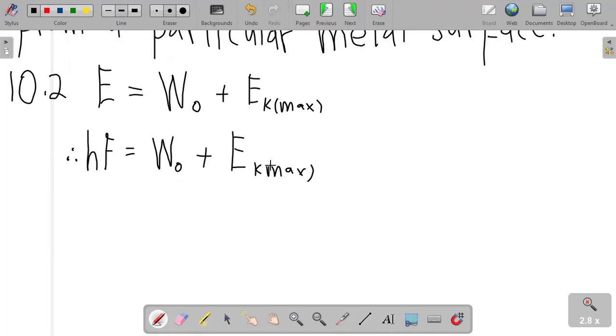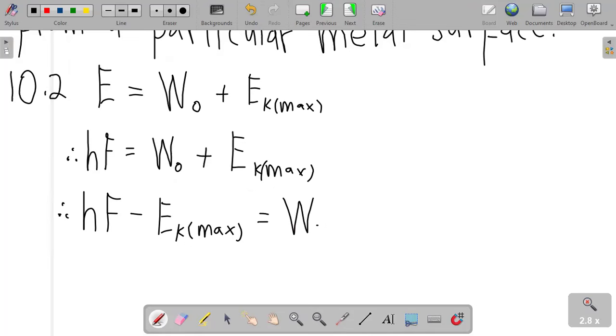They gave us the maximum kinetic energy, and then we can change the subject. So hf minus EK max gives us the work function. Then we can substitute.